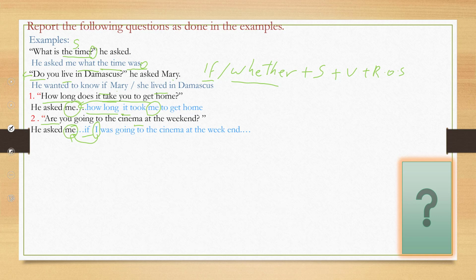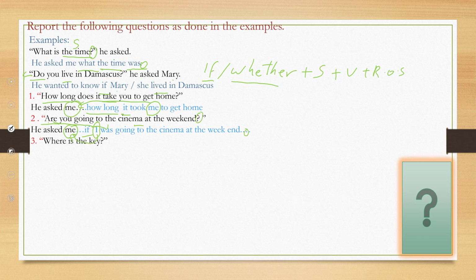Are is changed into was because was goes with I. Going to the cinema at the weekend. And we change the question mark into a full stop.